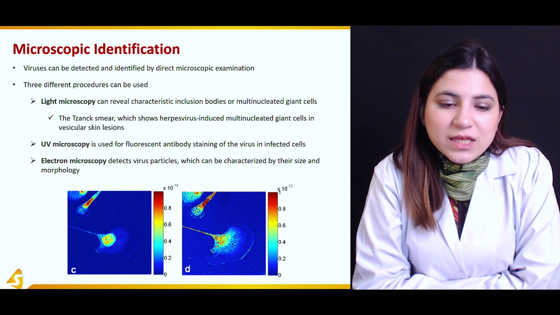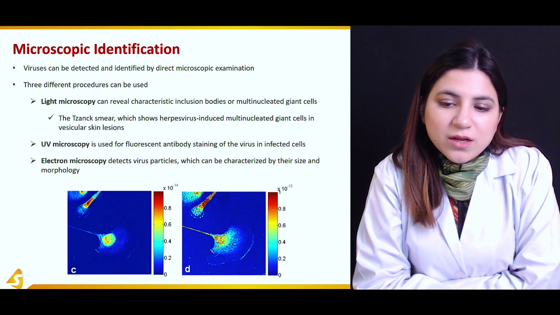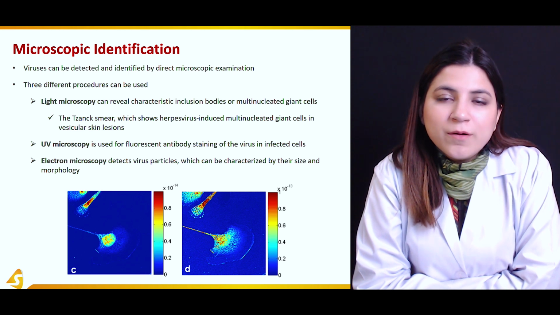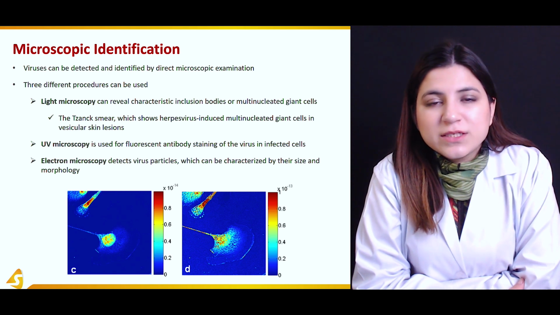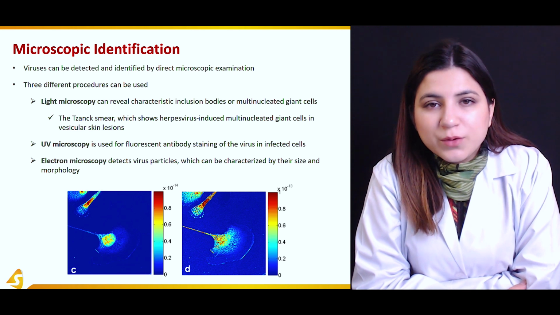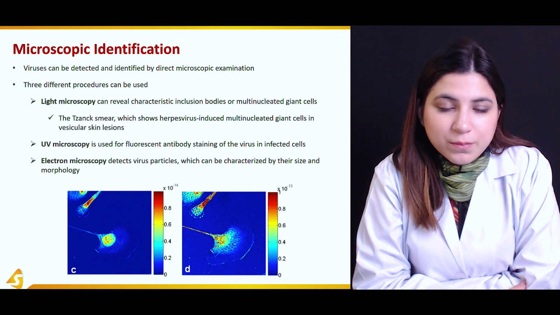And if we take the vesicular skin lesion samples, then we can actually visualize those multinucleated giant cells, which are herpes virus characteristic giant cells, or the Tzanck smear. And this smear can help us identify the presence of herpes virus in a particular sample.